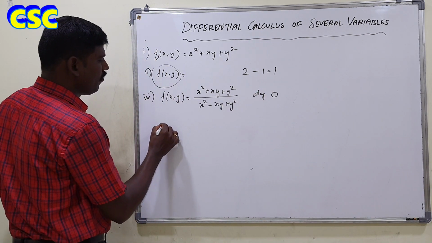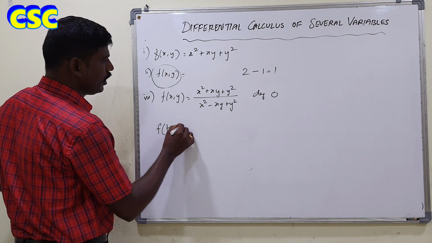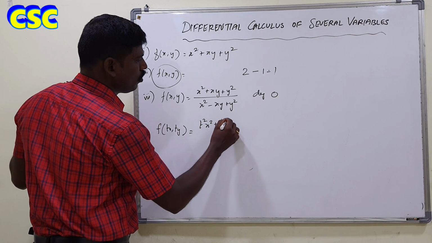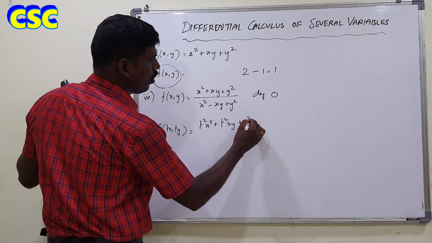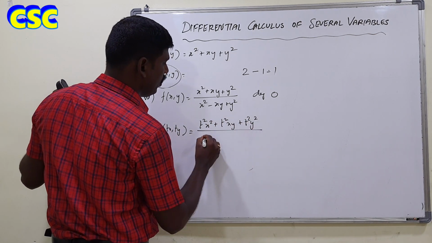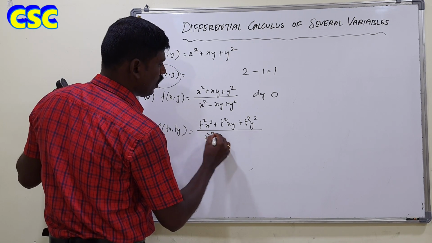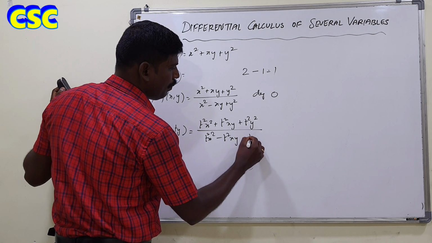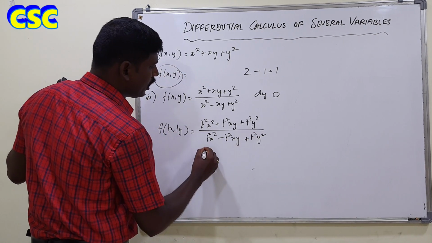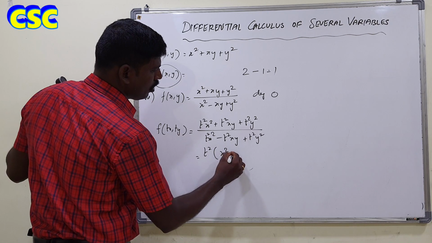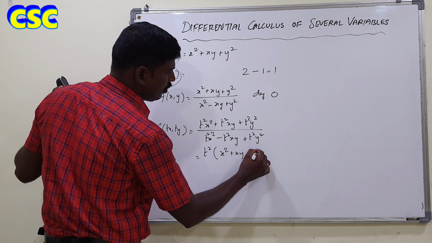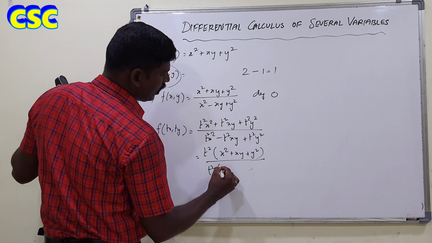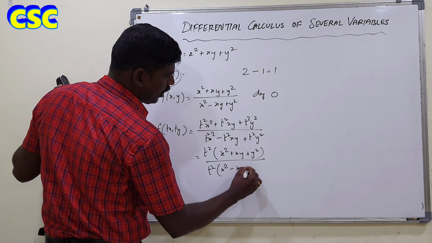Why? f of tx comma ty is t square x square plus t square into x into y plus t square y square, by t square x square minus t square into xy plus t square y square. You can take t square common from the numerator, x square plus xy plus y square, and the same t square common from the denominator, x square minus xy plus y square.